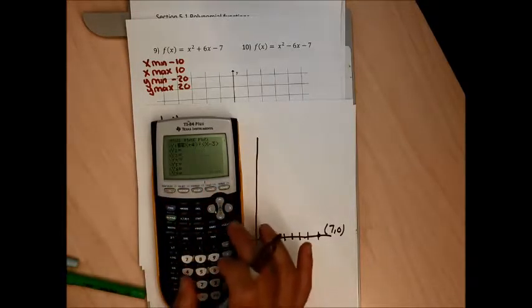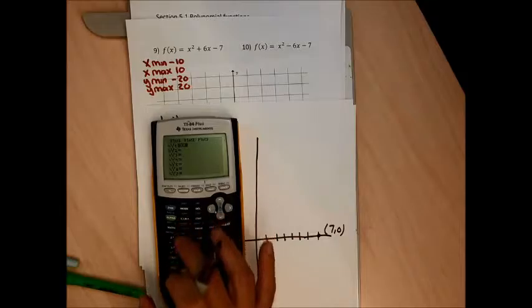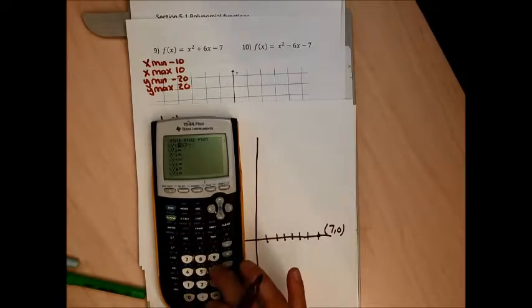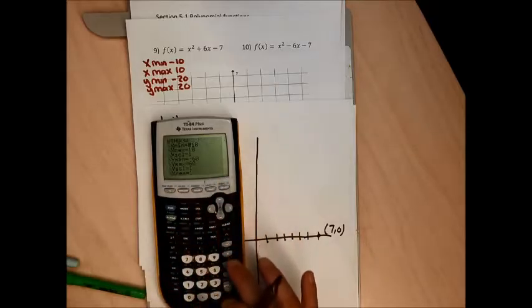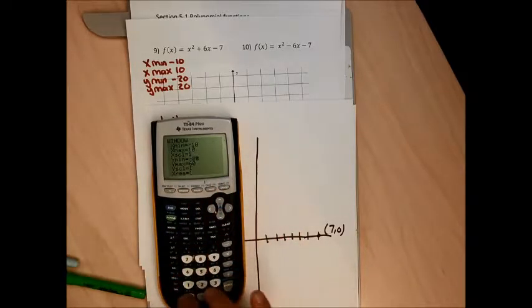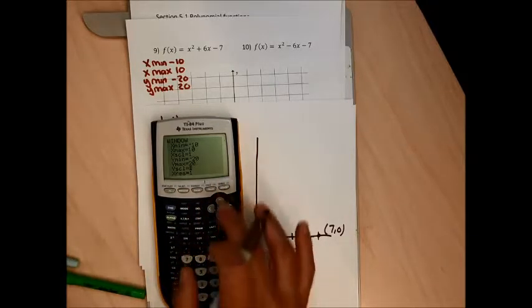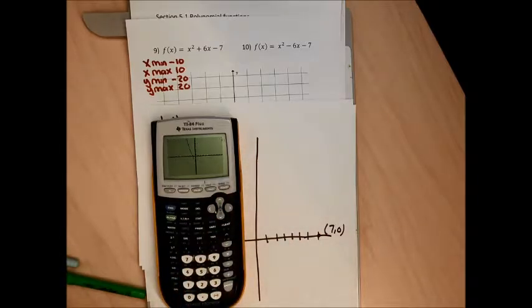So y equals x squared minus 6x minus 7, after clearing the old functions, with window negative 10 to 10, negative 20 to 20. Looks fine. That turning point's a minimum point.